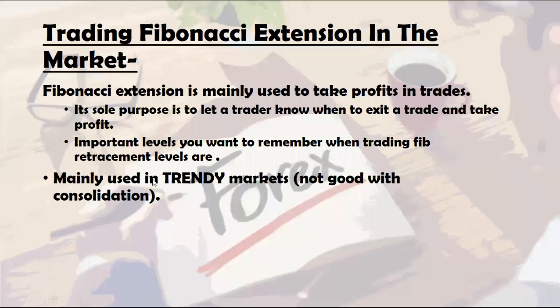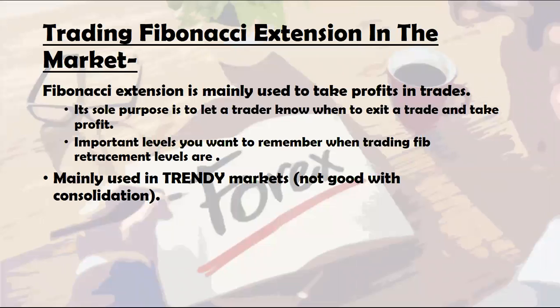All right, so important levels you want to look for when you're using the Fibonacci retracement are levels such as the 0.5 level, the 0.618 level, which is golden as well, the 0.786 level, and then the 0.382 level. Those are the same levels that you've seen when we were looking at the Fibonacci retracement.